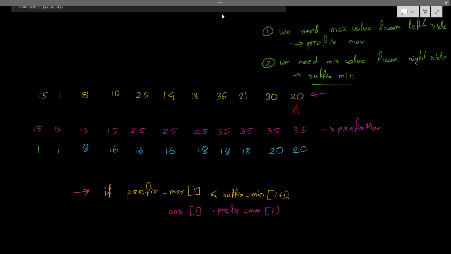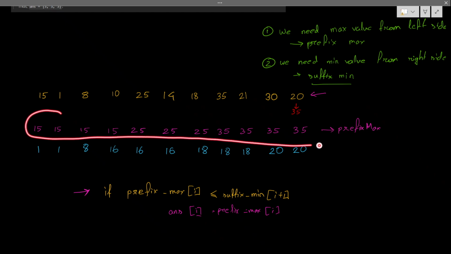Now I am coming to 30. How can I calculate the value of 30? From 30, I can go to any place here, here, here. So what are the options? I will try to move to the left side's maximum value, because it is easy to get the maximum value, and my target is getting the maximum value. I can easily get it from the prefix max.